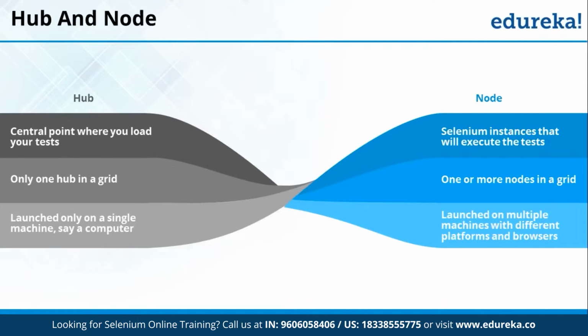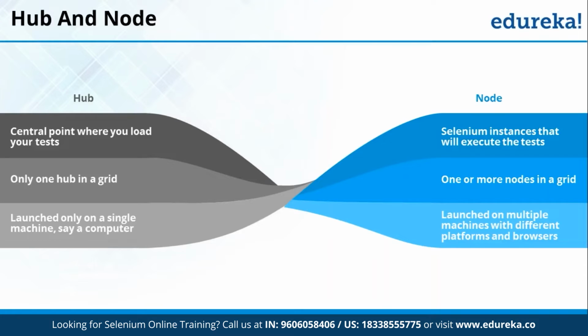Hub and Node. I'll just go through the points first. Hub is a central point where you load your tests. I've already explained this point. Hub is a machine wherein you'll write all your scripts. So if this point says where you load your test, it means that all your test scripts will be written here.